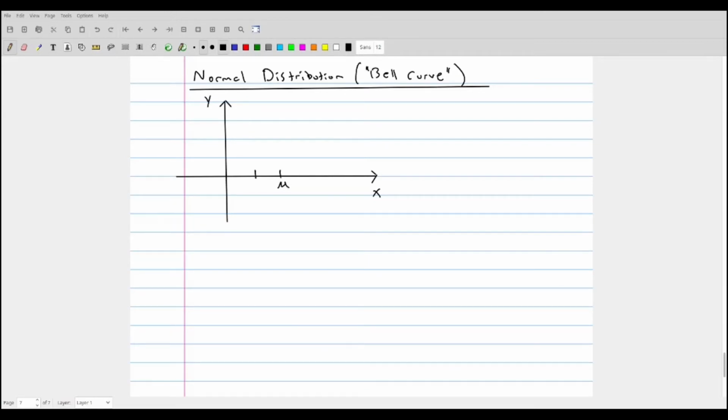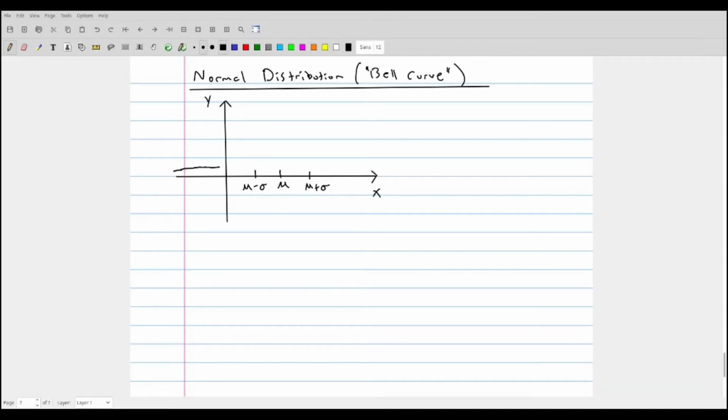You also have this parameter called the standard deviation, or standard distance from the mean. You can think of it as the average distance from the mean.